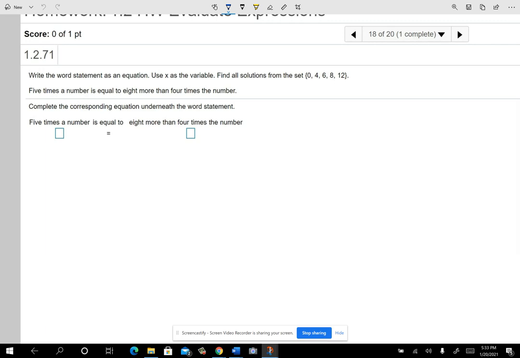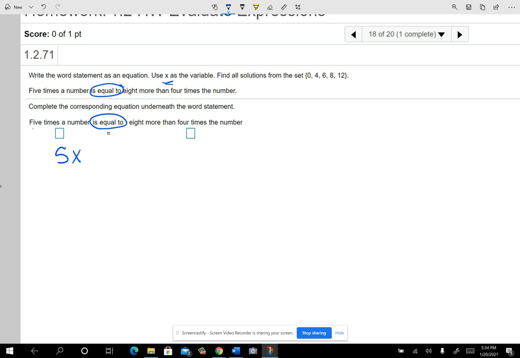All right, so they started off exactly the way I would want to start off. We have the "is equal to," which is the equal sign. Then you've got these two boxes you need to fill in. On the left side, I have 5 times a number, and it wanted me to use x for the variable, so I'm going to use 5x. On the right side, it says 8 more than 4 times the number.